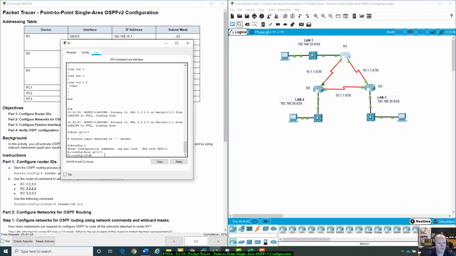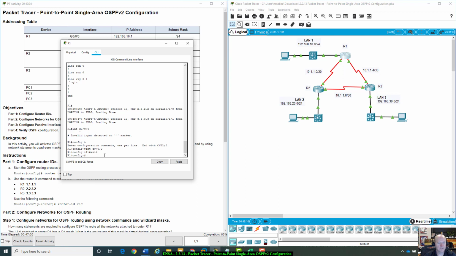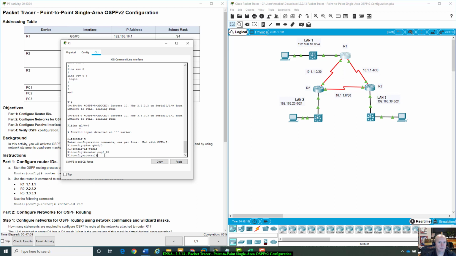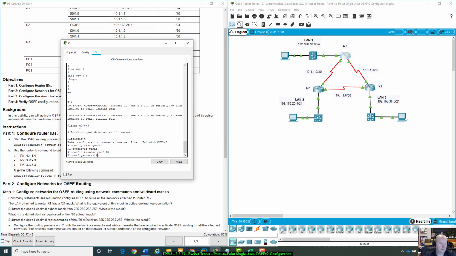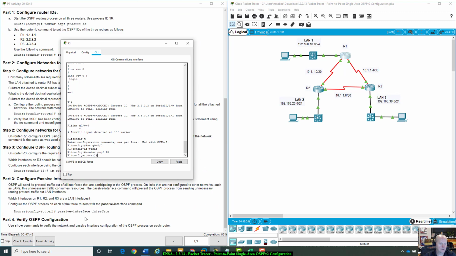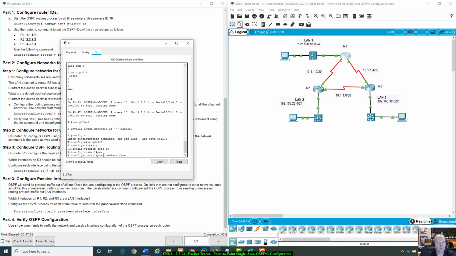Let's do exit, because that's not going to work. Let's do router ospf 10. Let's do passive-interface gigabit 0/0/0.